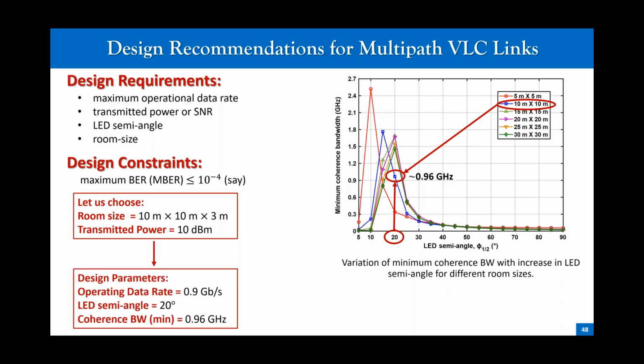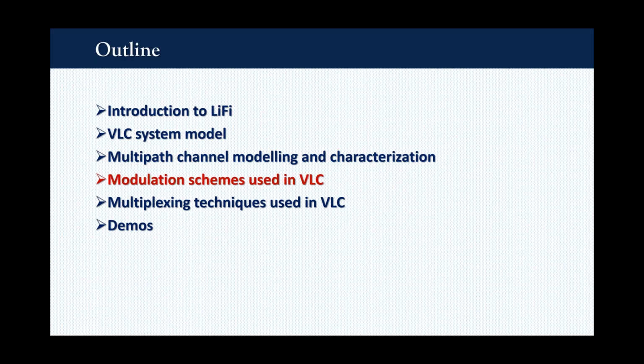So then we have understood the channel, and the major understanding that we have developed here is that the channel is relaxed. Okay, the channel has no problem. It has a coherence bandwidth in gigahertz at least, and it has a small delay spread. And so for 100, 200, 500, 600 Mbps data, no need to go to complicated modulation schemes. Your simple intensity modulation is good enough.